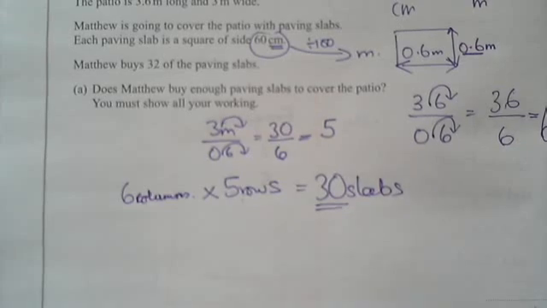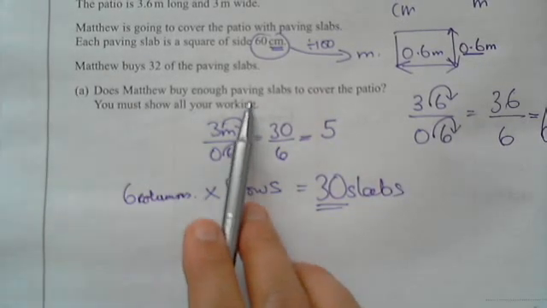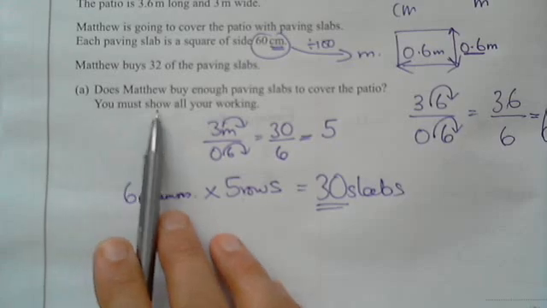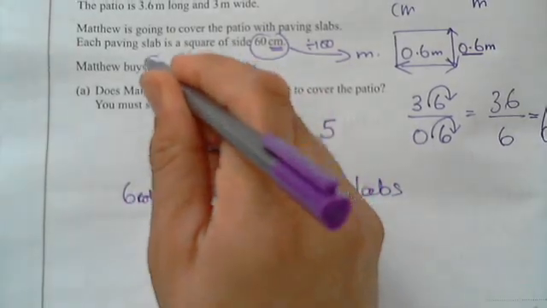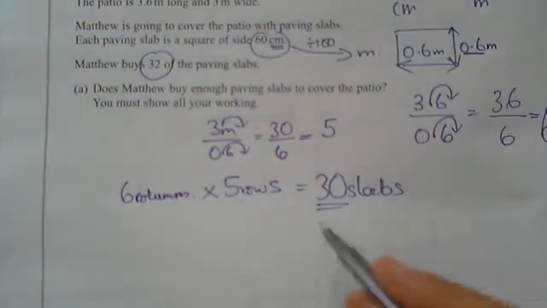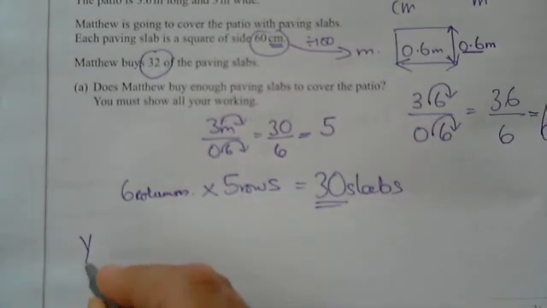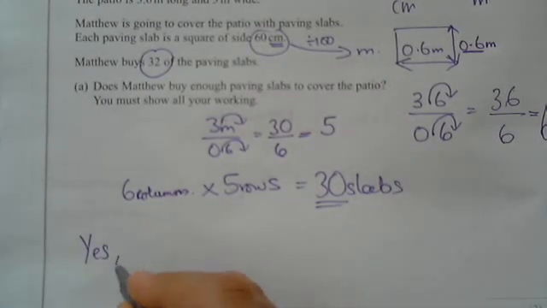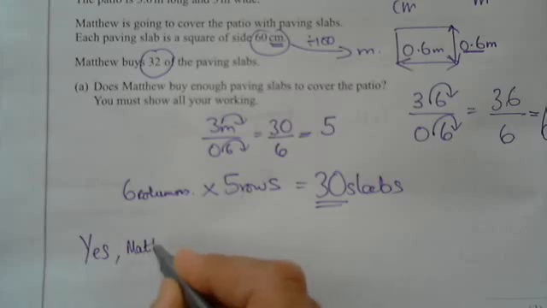Okay. And the question says here, does Matthew buy enough paving slabs to cover the patio? You must show all your working. And he buys originally 32. And we need 30. So the answer is yes.